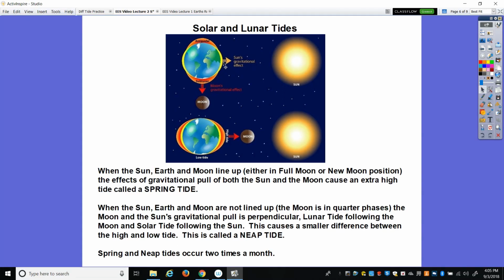So you can see a high tide and a low tide have very little difference between them. We call that a neap tide. Both of these, spring tides and neap tides, occur 2 times a month. So we have spring tide, neap tide, spring tide, neap tide, spring tide. And we'll demonstrate this in class.